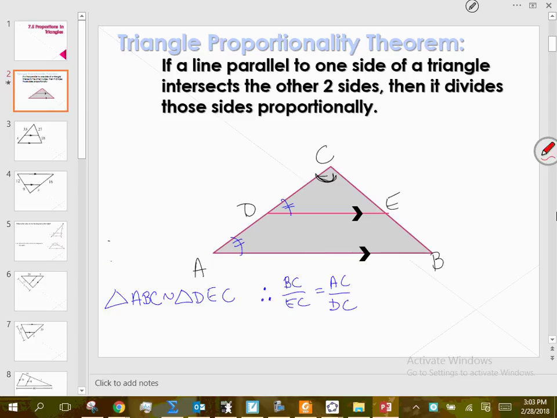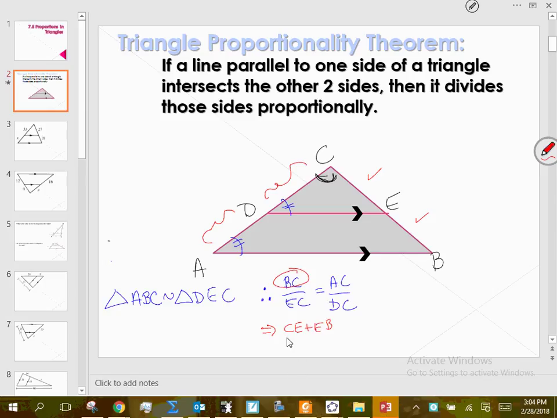Algebraically, what I want to do is see if we can manipulate this so that I'm able to get this portion compared to that portion. Okay? And if I'm able to do that, that will create that portion eventually compared to that one. Okay? So the way we do this is we take BC. BC, using the segment addition postulate, could we say that this BC could be rewritten as CE plus EB?